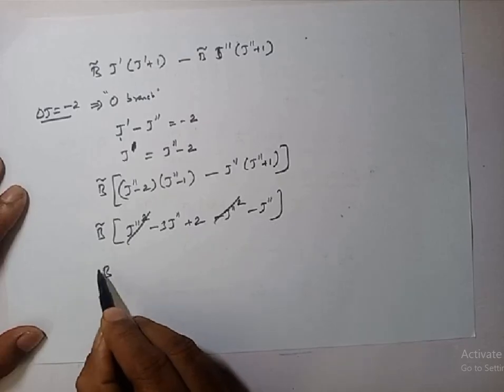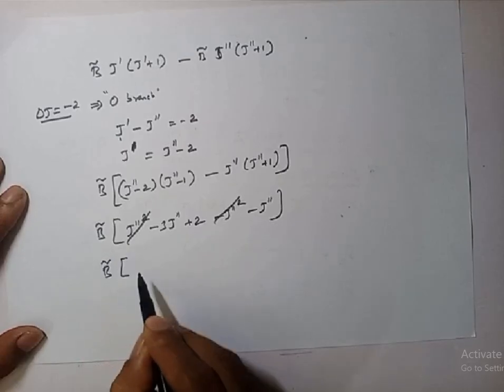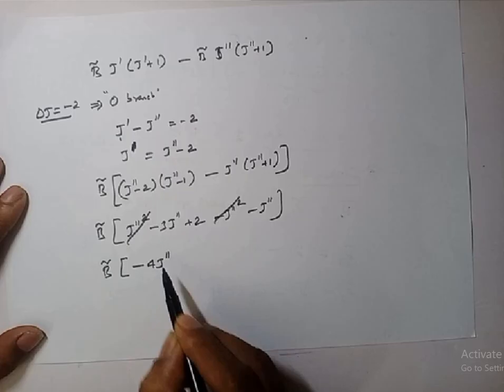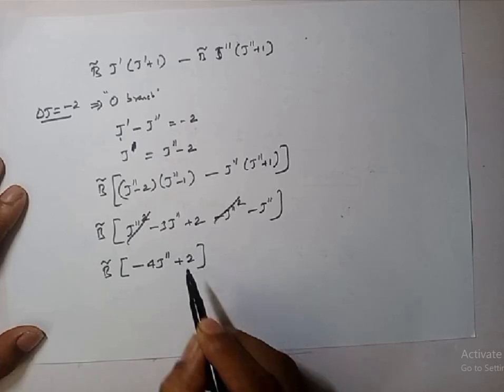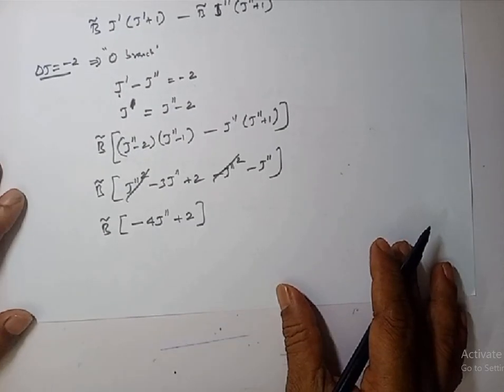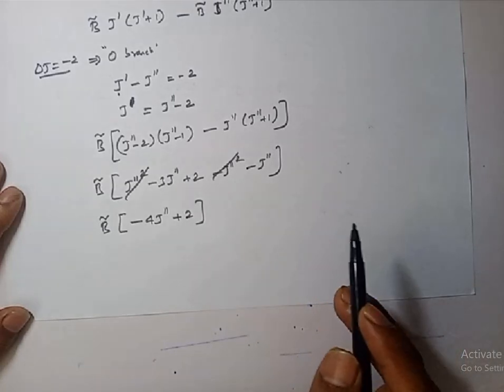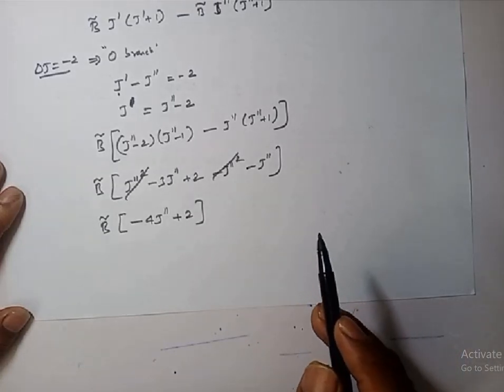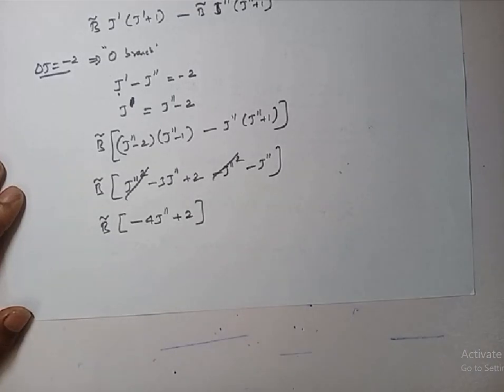Observe carefully, this is very important. I'll get minus 4J double prime plus 2. Correct? Is this clear? Minus 4J double prime. Hello? Are you able to follow?